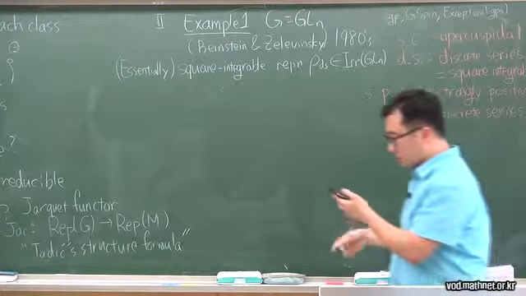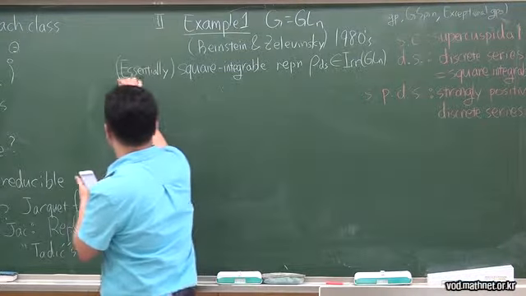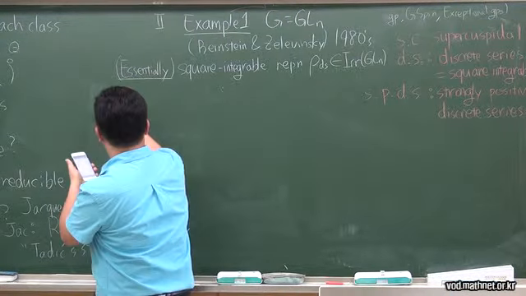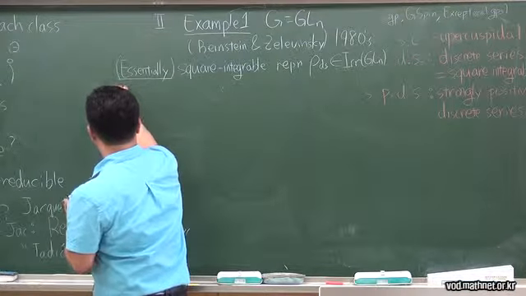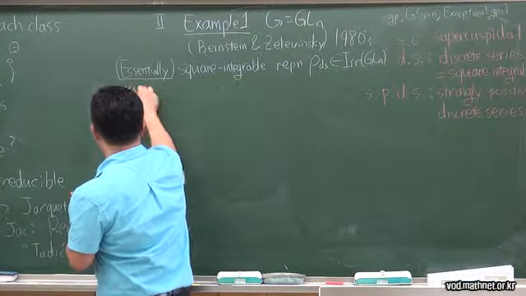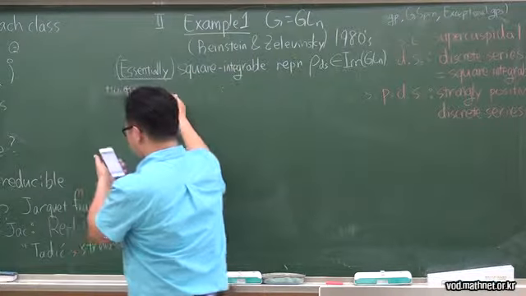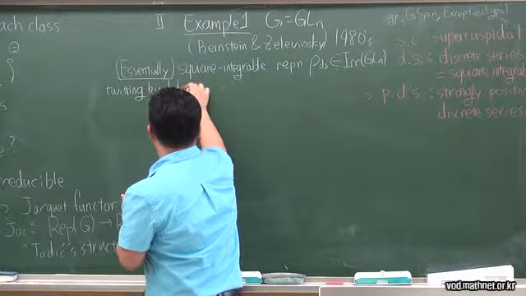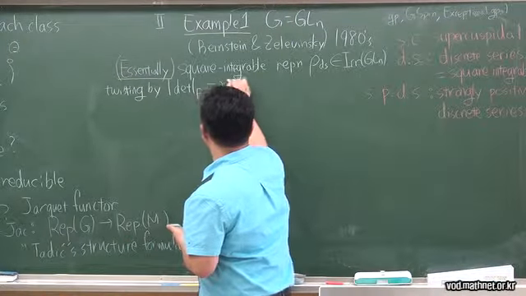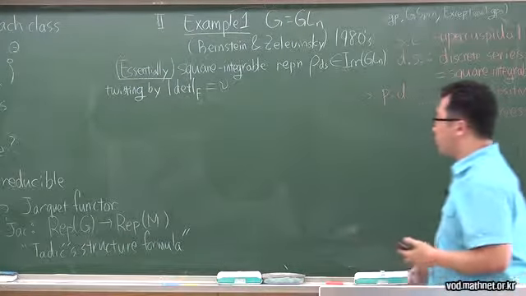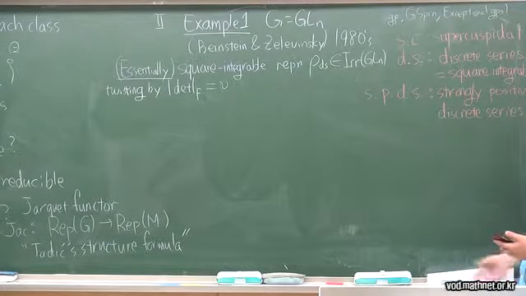Here, this contains a little bit technical part, so let me just briefly write down the meaning of essentially. That means we allow twisting by a certain character of the determinant, and I'm going to use this notation nu.